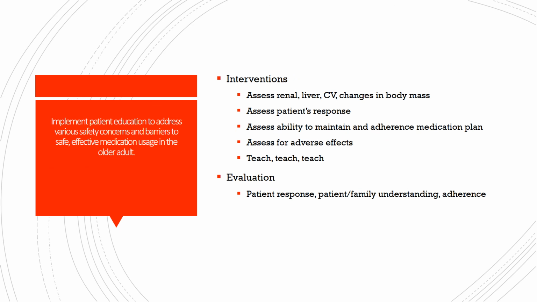Our nursing interventions are going to be assess renal, liver, cardiovascular, changes in the body mass, and assess the patient's response and their ability to maintain and adhere to the medications.